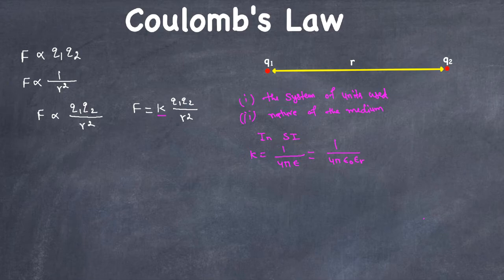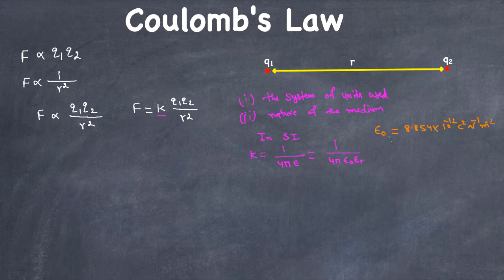Now here, this epsilon naught is called the absolute permittivity of the space, and the value of epsilon naught is equal to 8.854 times 10 raised to power negative 12 Coulomb square Newton inverse meter square inverse.